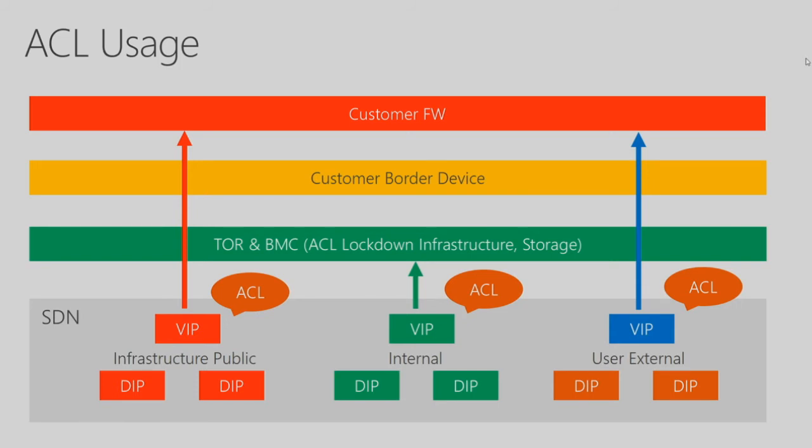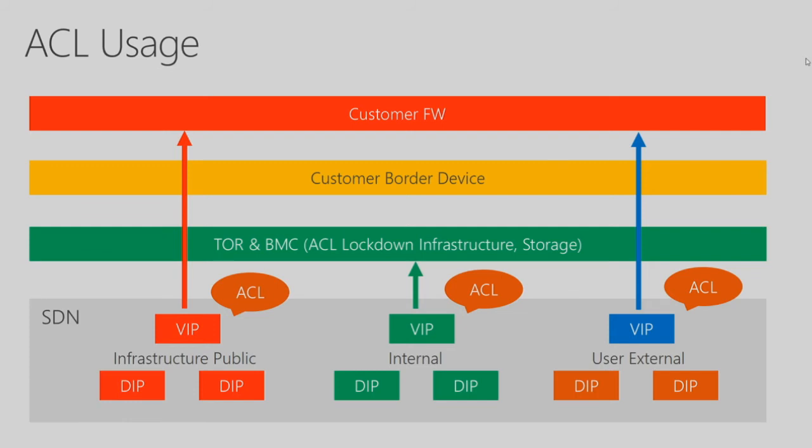Then Azure Stack has a lot of internal VIPs for infrastructure roles. Those will not get announced beyond the top-of-rack switches. So we have access control lists in place to make sure that no traffic is coming in or going out in order to hit the internal VIPs of Azure Stack. And then we have, of course, the user space.